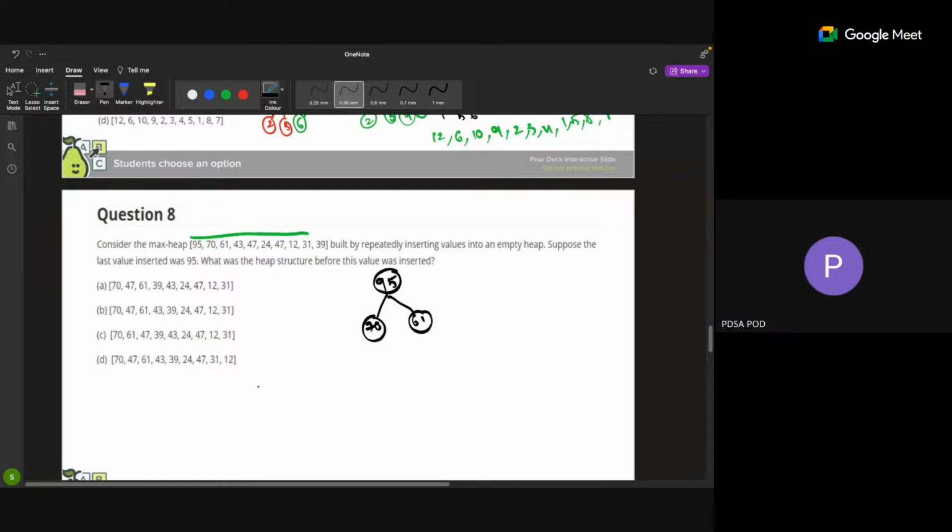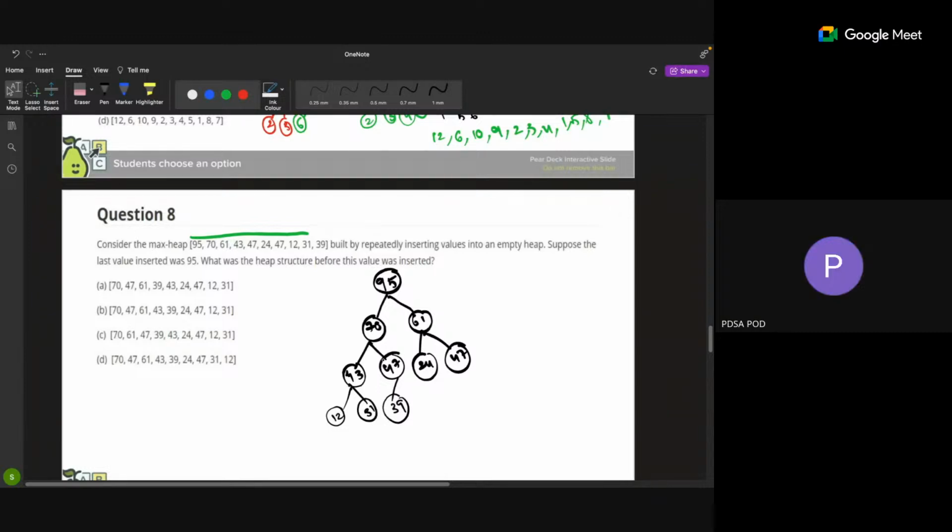Binary heap means only left and right are there. 43, 47, and then we have 24, 47, then after it 12, then after it 31, then after it 39. Is it right? I think this is the heap, by using the above list.